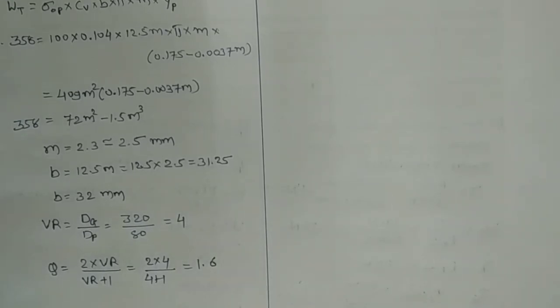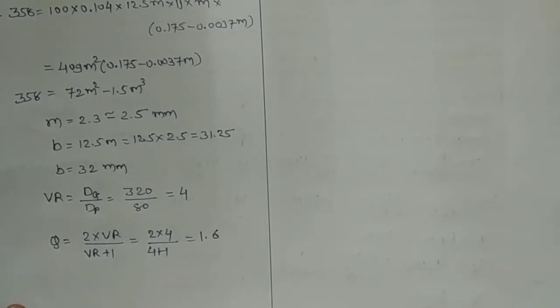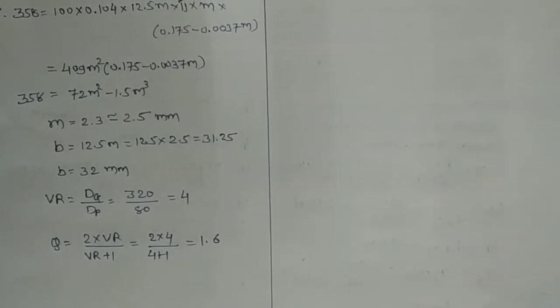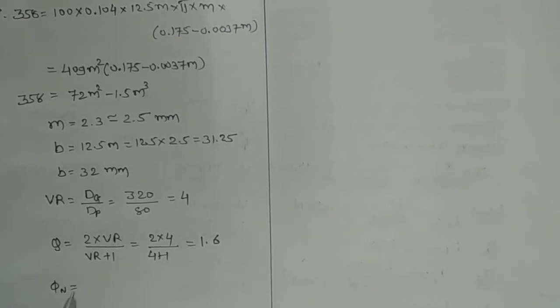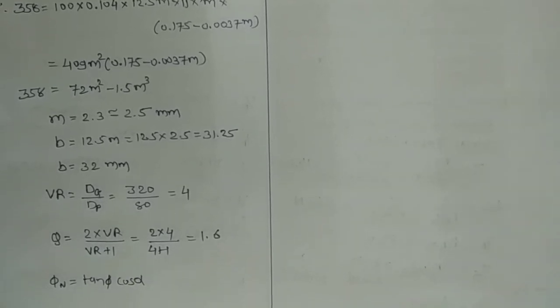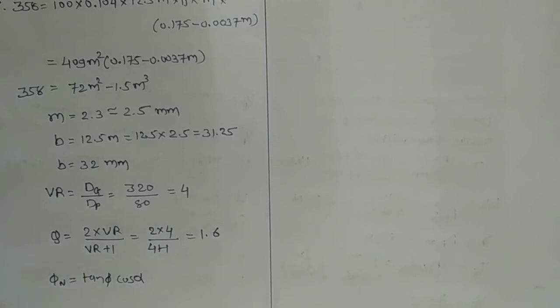Okay. Now we know the value of phi n, the normal pressure angle phi n. So phi n is equal to tan phi cos alpha. Normal pressure angle phi n is equal to tan phi cos alpha. Now we have the values of phi and alpha. Phi is equal to 20 degree and alpha is equal to 45 degree.